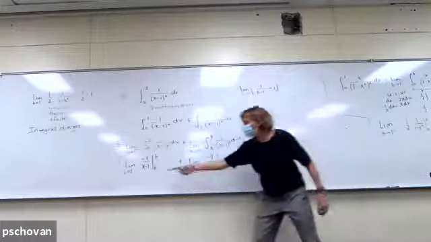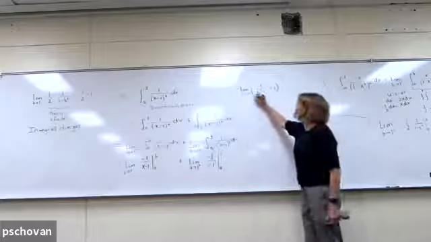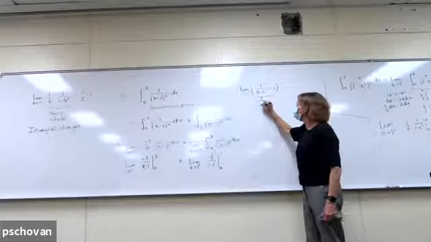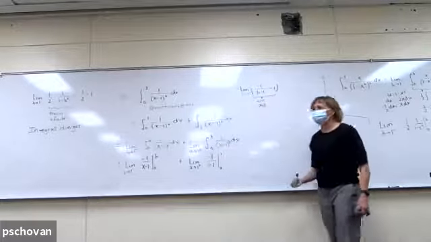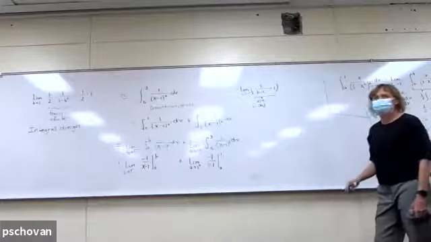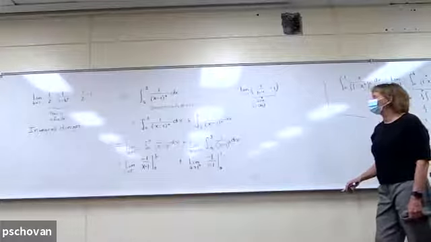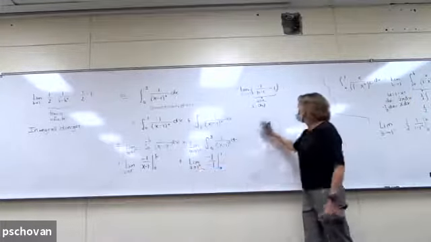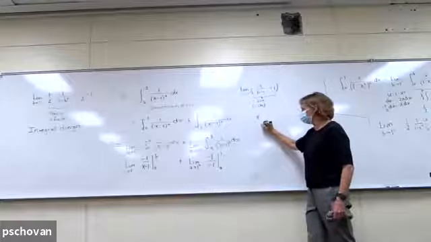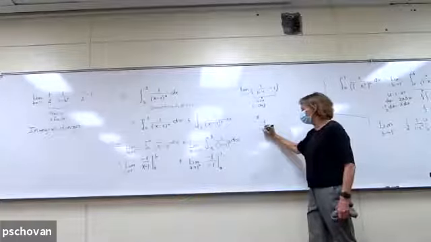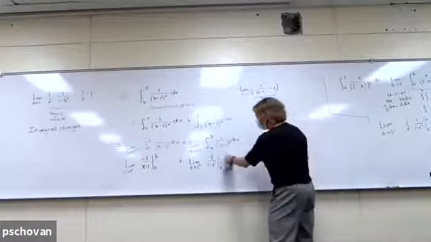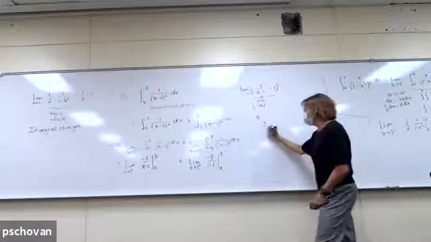So that's this one. But this limit does not exist. It goes to minus infinity, right? Same deal here. This limit does not exist. 3 minus 1 is 2.